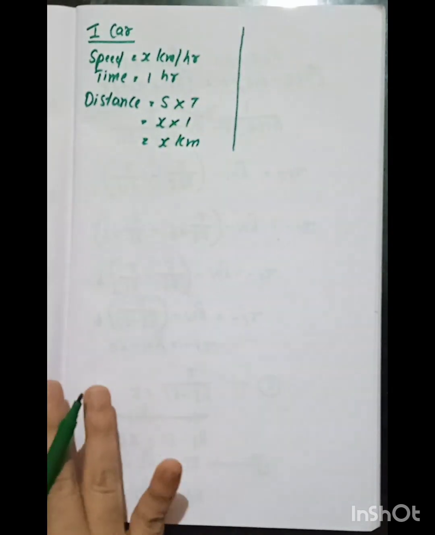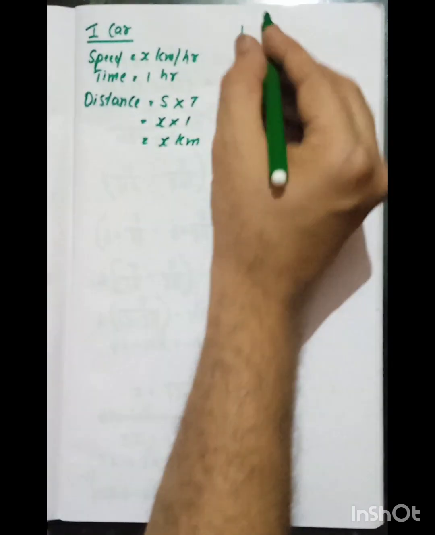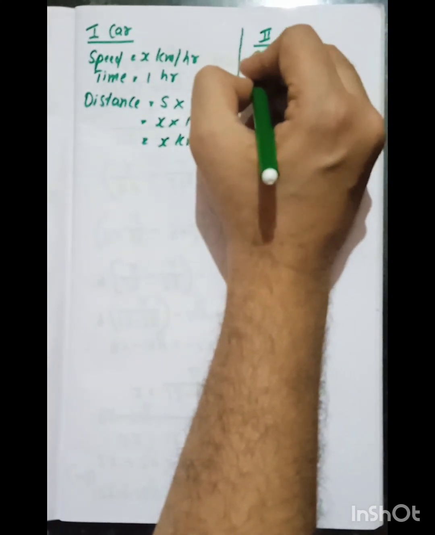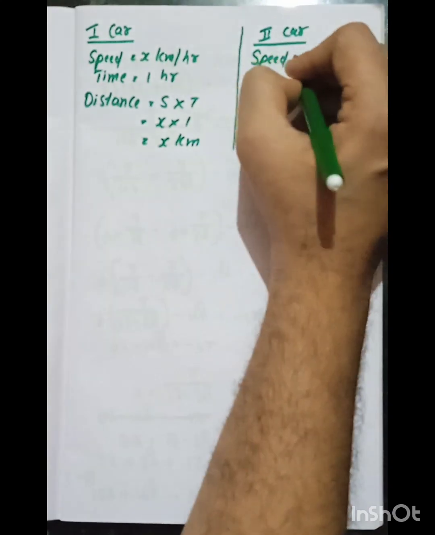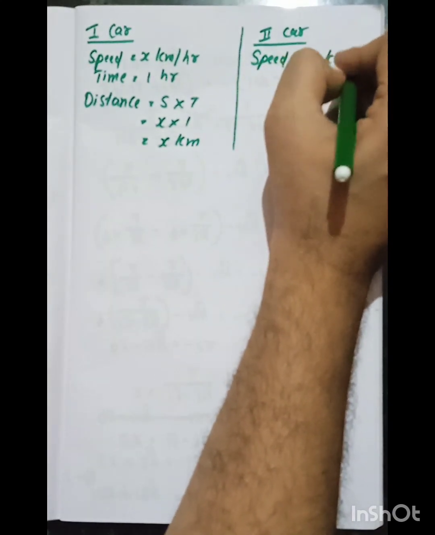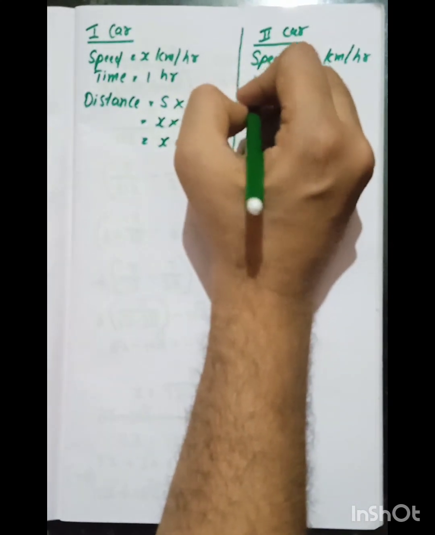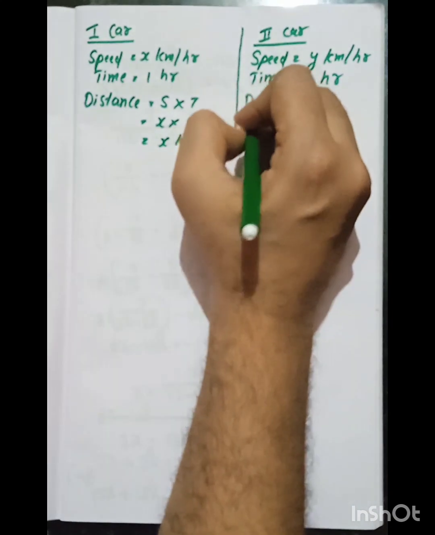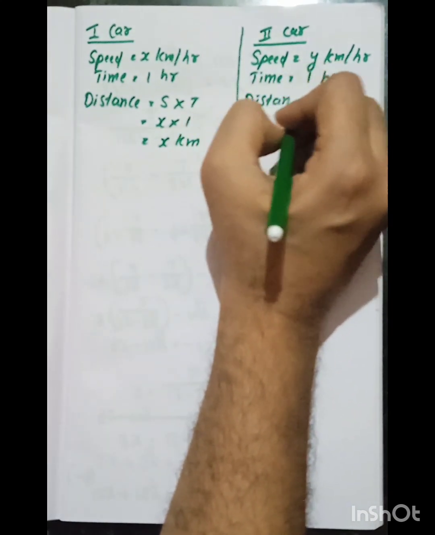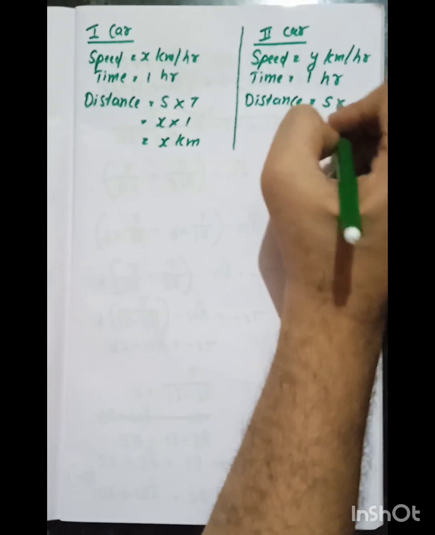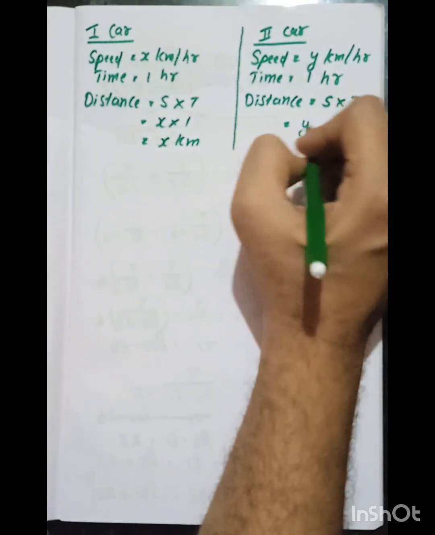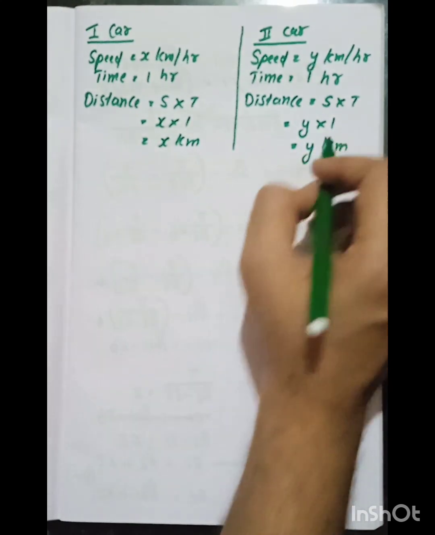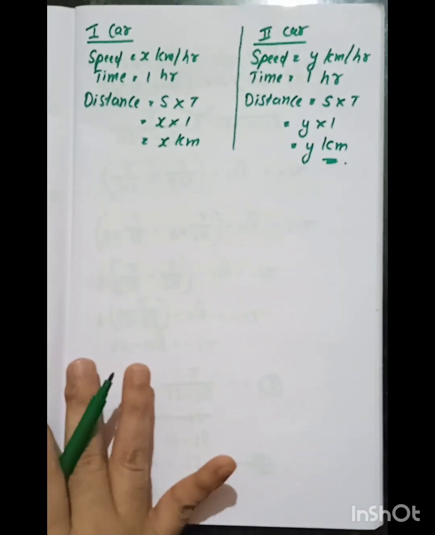In the same way, now look at the second car. Speed is y kilometers per hour. The time is 1 hour. Distance equals speed into time. Speed is y, time is 1, so y kilometers is the distance traveled by the second car.